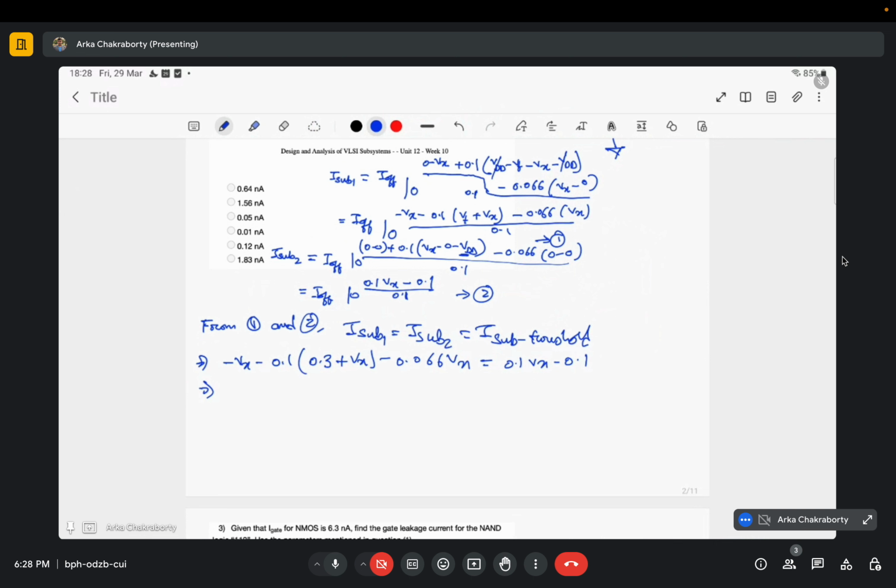So Vx would come as, two equations and one variable, I can simply solve it.